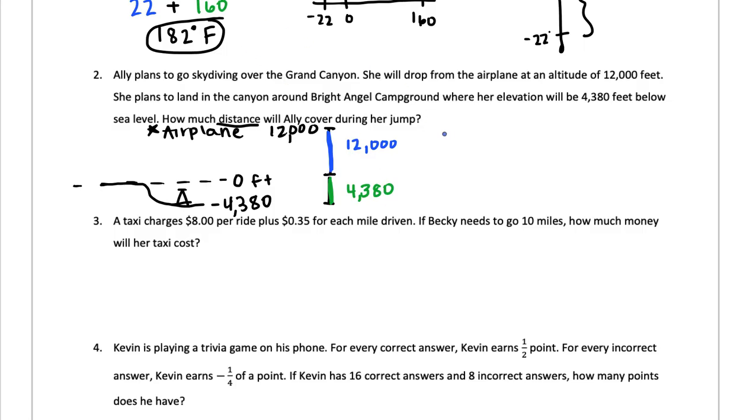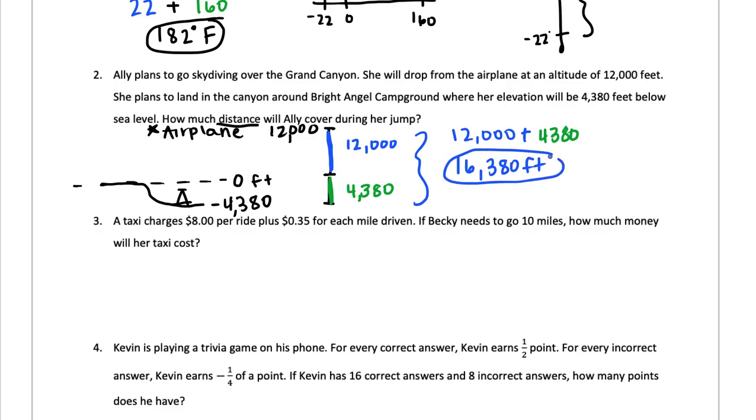So all I'm going to do here to get this entire distance between where she jumped and where she landed is take that 12,000 feet and add it to the 4,380 feet. And when I do that, if you want to stack it vertically and add that, you can. I end up getting 16,380 feet is how much she traveled.